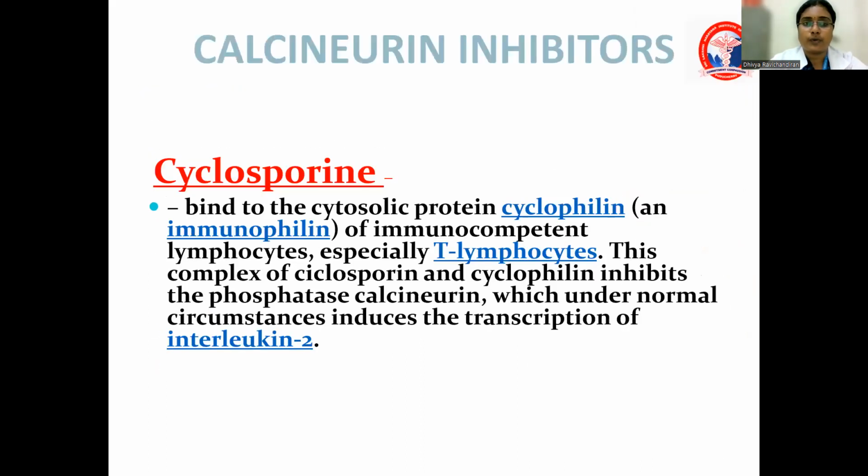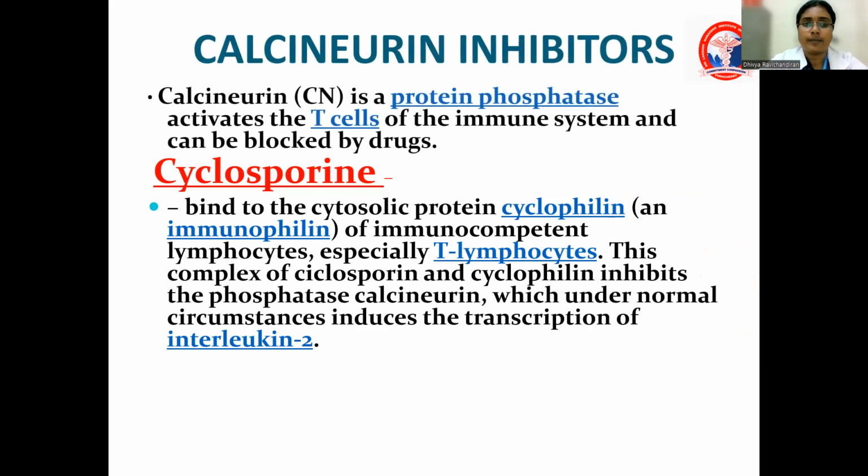So coming to cyclosporin, these are calcineurin inhibitors. Calcineurin is a protein phosphatase which activates the T cells of the immune system, and it can be blocked by these drugs. Cyclosporin binds to the cytosolic protein called cyclophilin, which is an immunophilin of immunocompetent lymphocytes, especially the T lymphocytes.